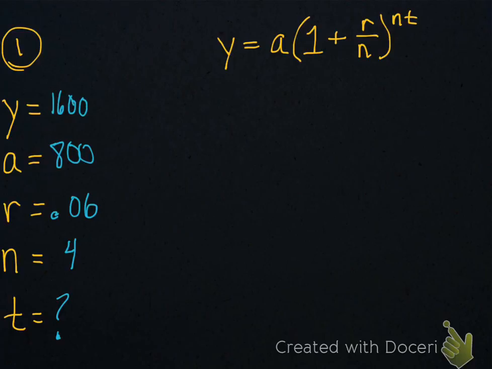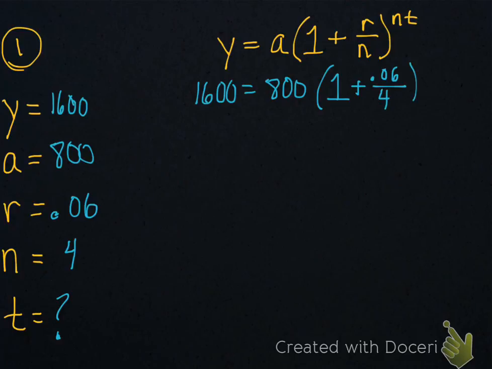Now let's plug it all into our equation. I have 1600 equals 800, parenthesis, 1 plus r, which is 0.06, divided by n, 4, raised to the 4t power. Here's the tricky part. Remember, we need to divide by the 800 first. That's easy because 1600 divided by 800 is just 2.